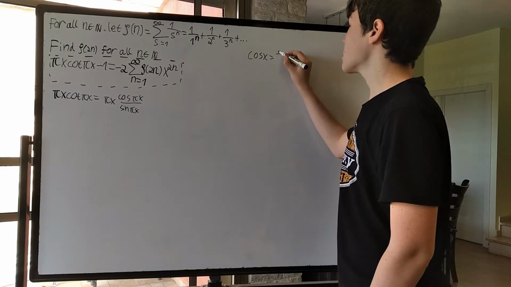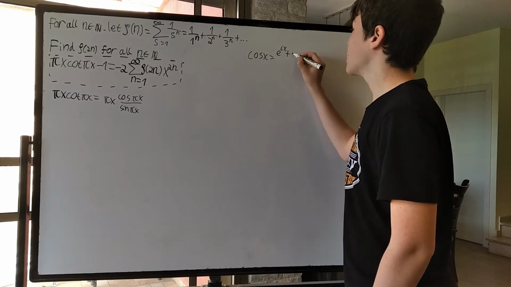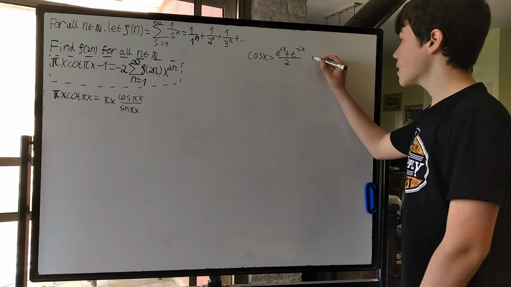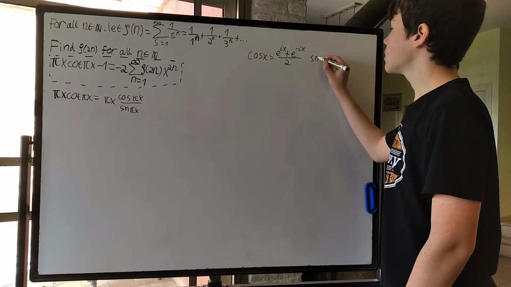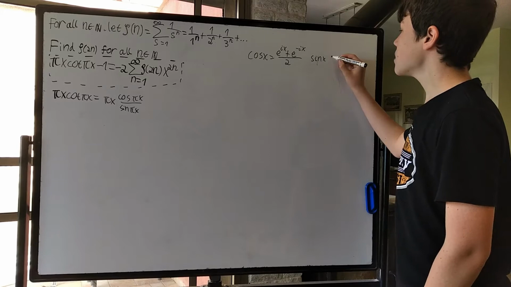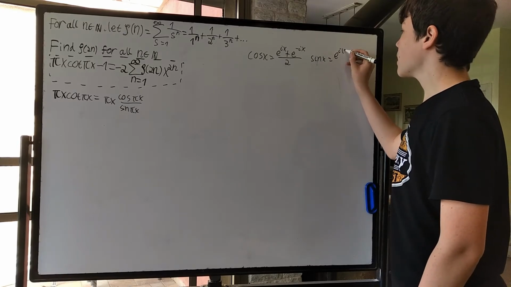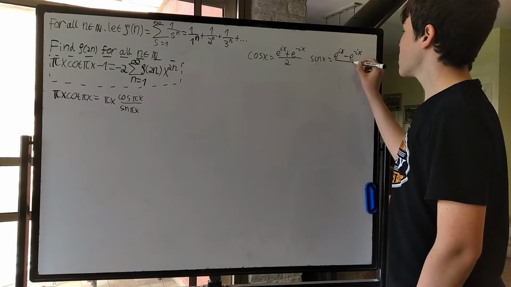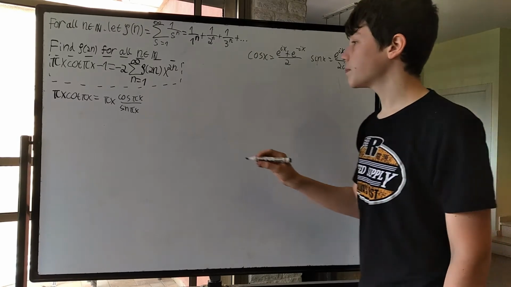Cosine x is e to the ix plus e to the negative ix over 2, and sine x is e to the ix minus e to the negative ix over 2i.